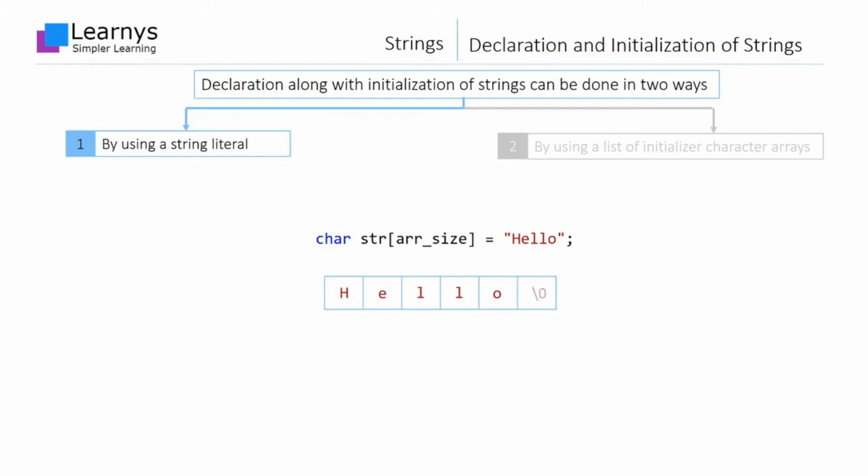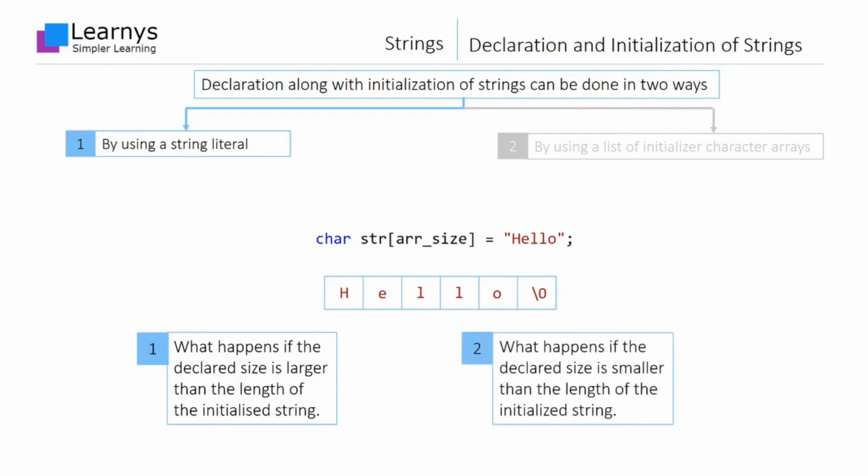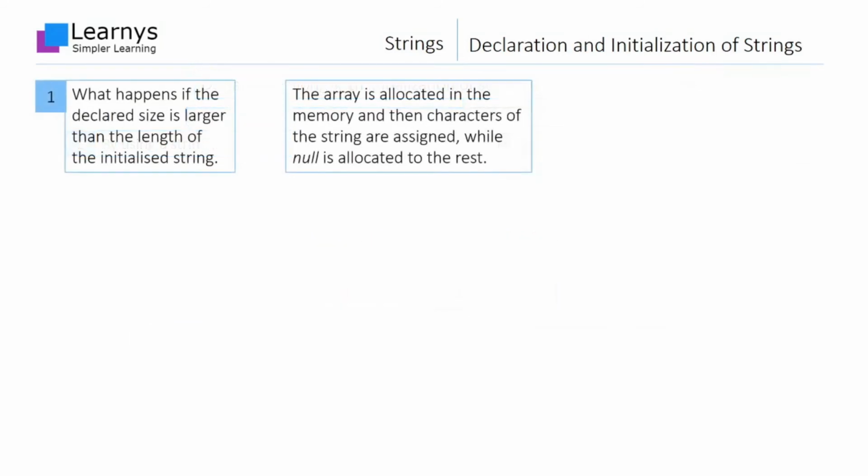In this assignment, the null character is appended automatically at the end of the array, if space is provided. As can be seen from the representation on display, there are two questions that arise here. Firstly, what happens if the declared size is larger than the length of the initializing string? Secondly, what happens if the declared size is smaller than the length of the initializing string?